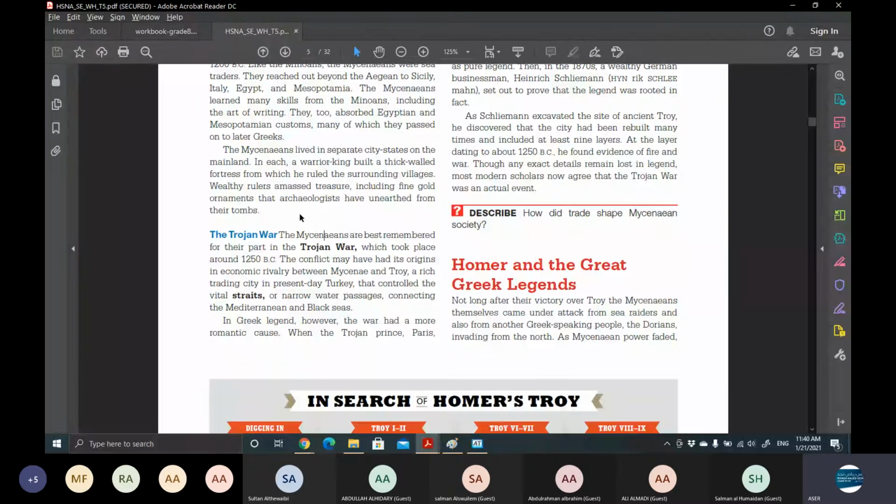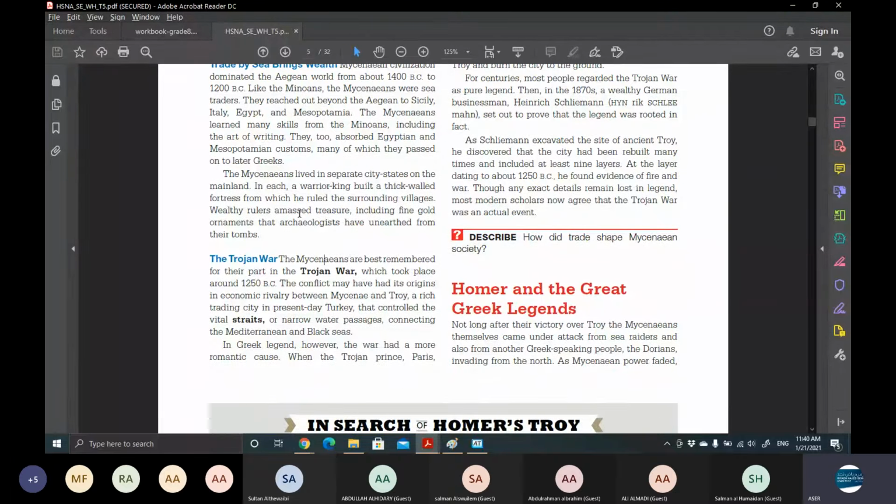So what happened was the Trojan War. Of course, the Trojan War is divided into two parts. The first part is because of political reasons, which are the location, the access to water passages, and also the wealth that they had.